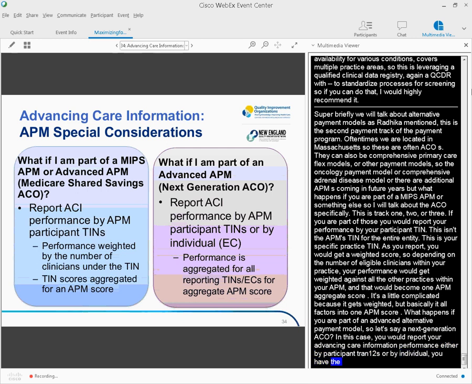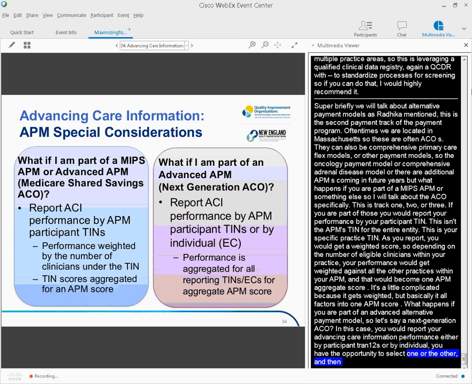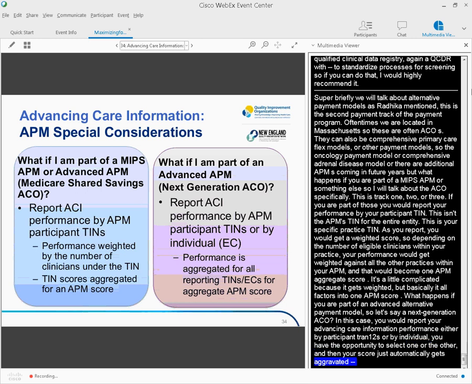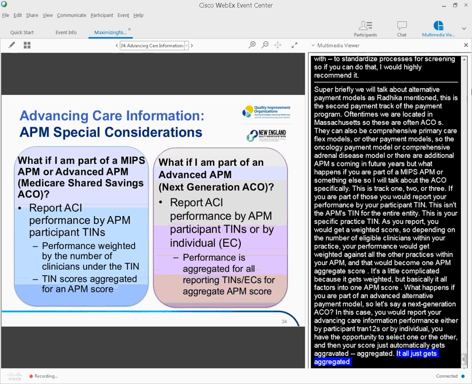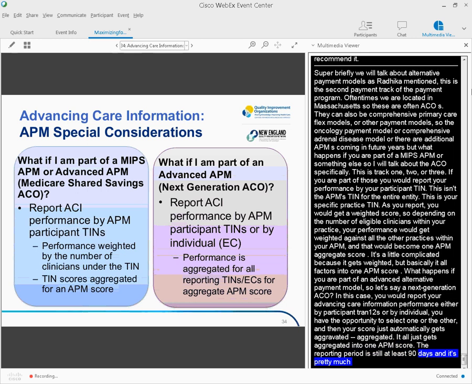It's just, however you perform gets aggregated into the APM aggregate score. All of the measures are the same. The reporting period is still at least 90 days. It's pretty much exactly the same performance category, but it's really the only aspect of the APM reporting requirements that you have to submit by your participant TIN. And again, that's usually your practice.